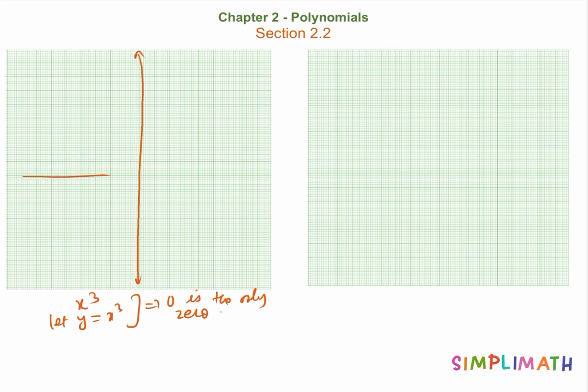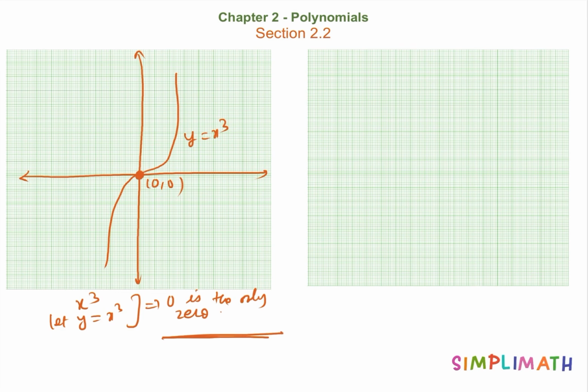Let this be the x-axis. Now the graph of y equals x cube looks something like this. So 0 is the only x coordinate where the graph of y equals x cube intersects the x-axis, and 0 is the only zero.